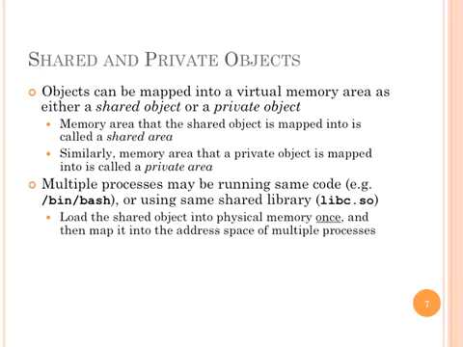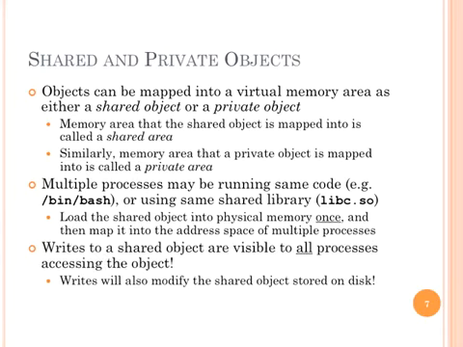A simple example of this is libc. I've been mentioning this all term, that everybody seems to use libc. It's possible that you don't have to, but most people do. So what you want to do is load that into memory once, and then map it into the address spaces of multiple processes.